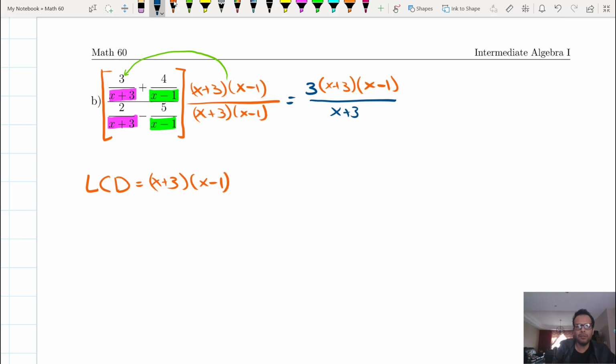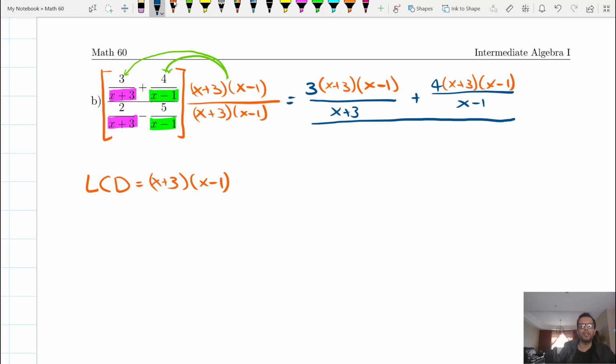But I'm going to save this until the end, when we're done distributing with all fractions inside this complex fraction, and then plus 4 times the quantity x plus 3 times x minus 1. And let's divide this by what we had in green right here, x minus 1. Now we're done with the first part, the numerator.